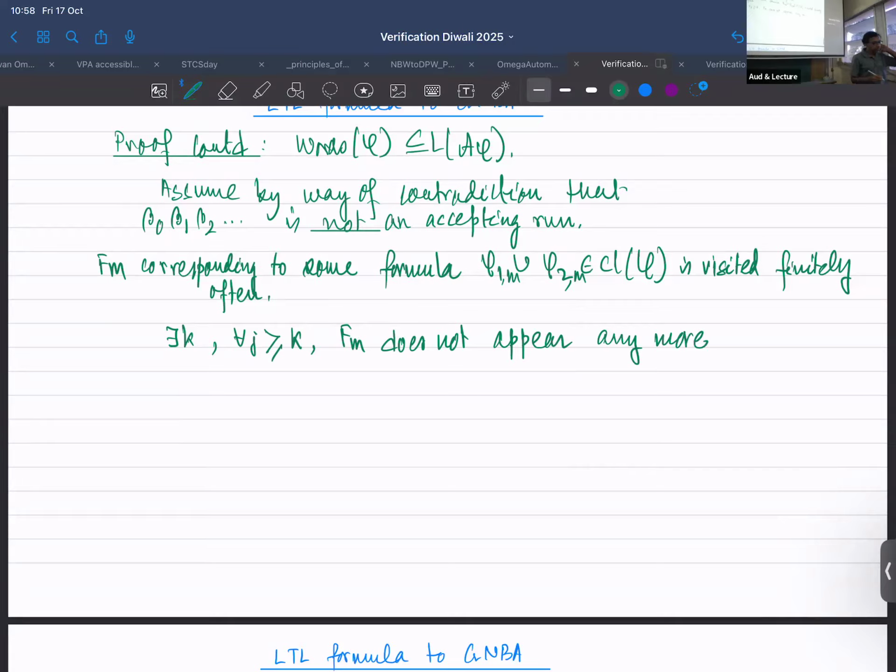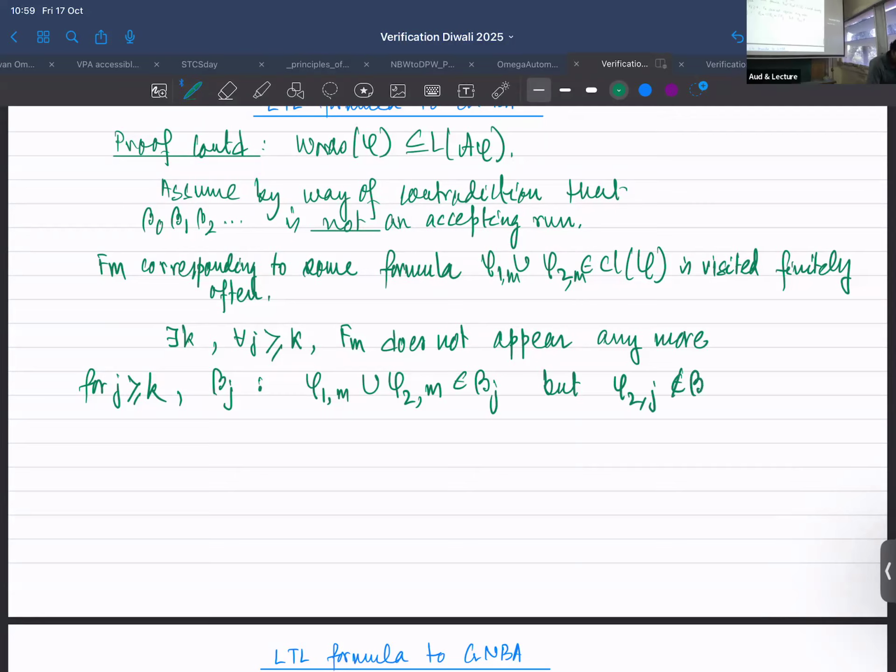Right? So what does it mean? It means that for all the states that you see, in all the beta j, for j greater than or equal to k, I have that phi 1 until phi 2 belongs to beta j, but phi 2 does not belong to beta j.